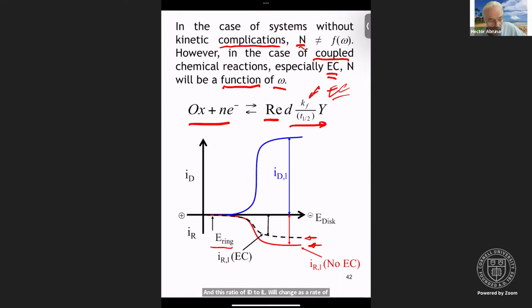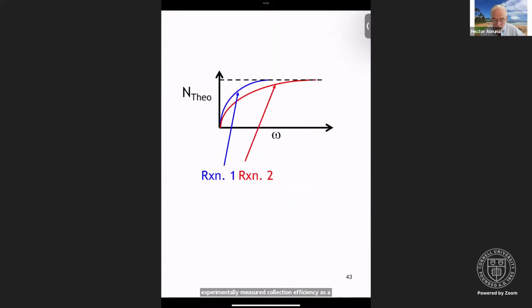And so in order to investigate these type of processes, what we'll typically do is monitor the effective collection efficiency, or the experimentally measured collection efficiency, as a function of omega. And we want to get some profiles that might look something like this.